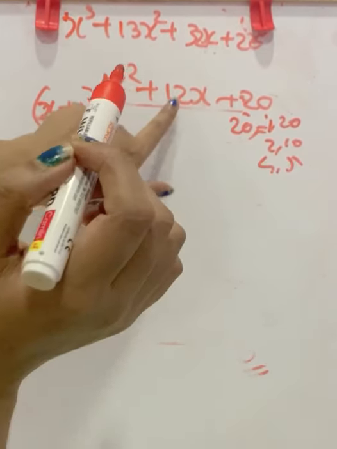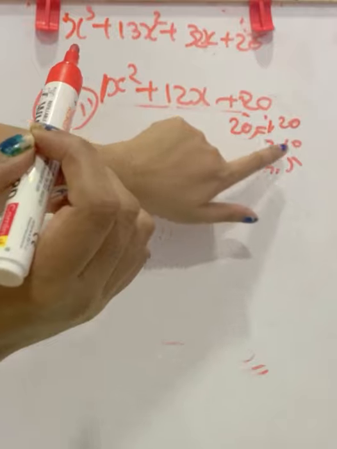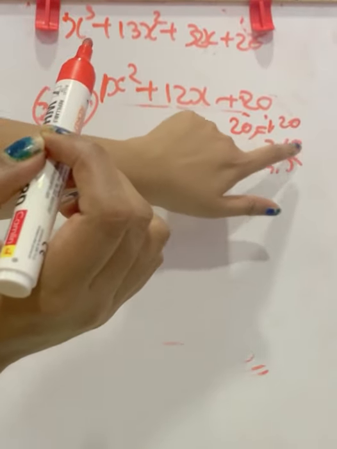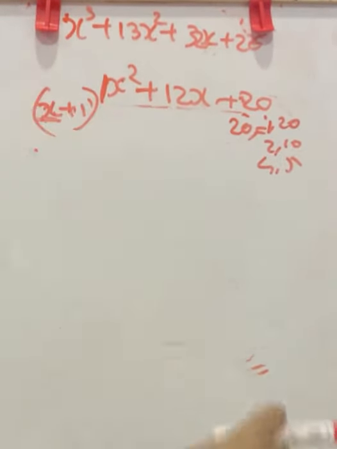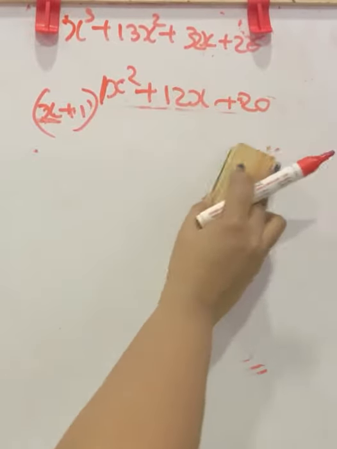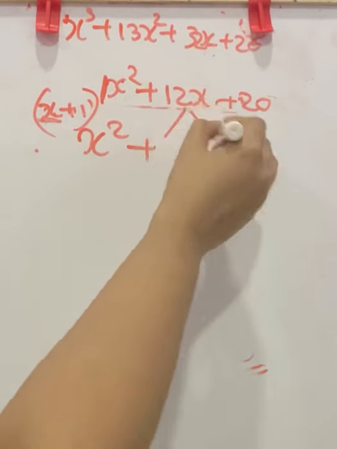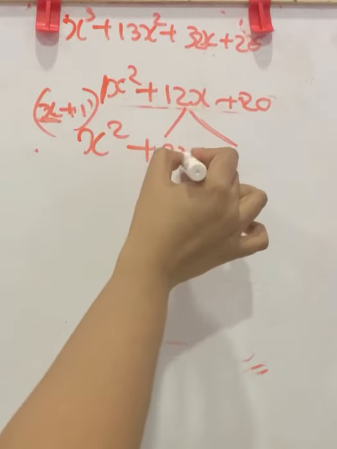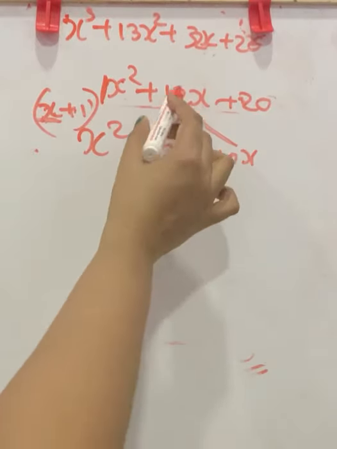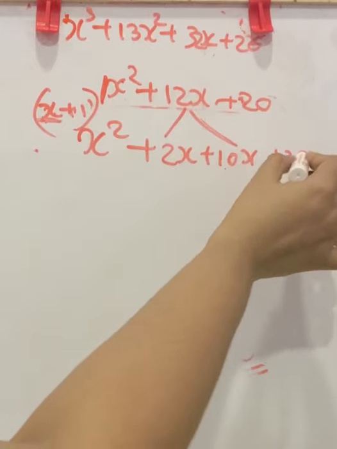Now check which is matching with 12. 2 and 10. That is plus 2x and plus 10x, you will get plus 12x. So you can split this as x square is here plus 12x is split into 2x plus 10x, that is 12x. Now plus 20 is here.